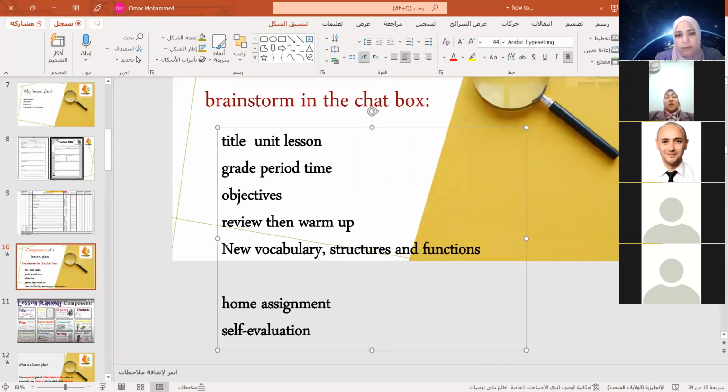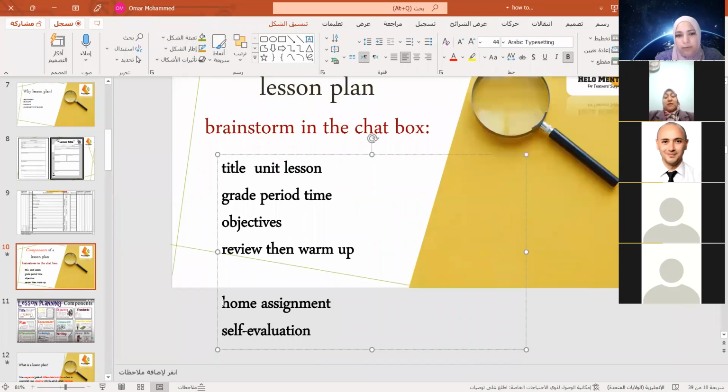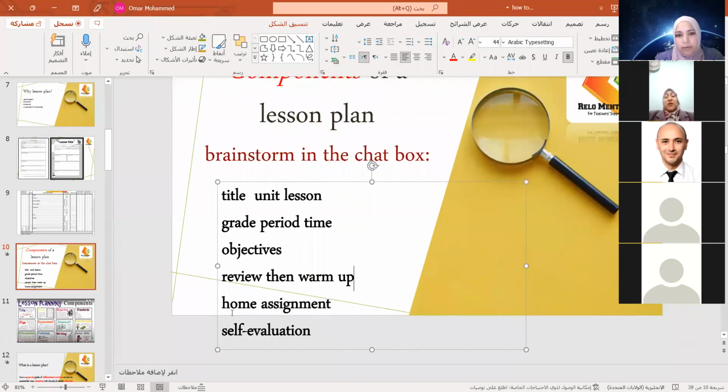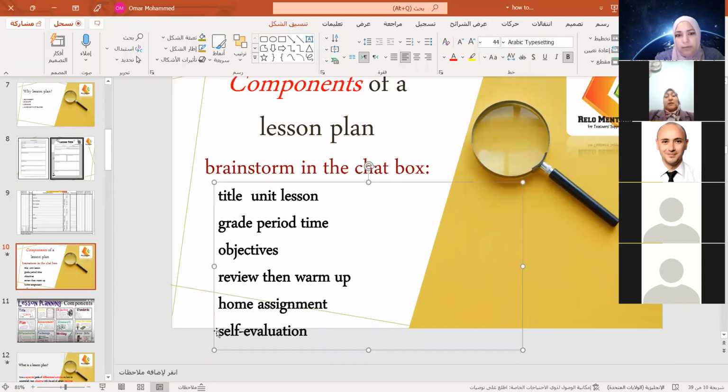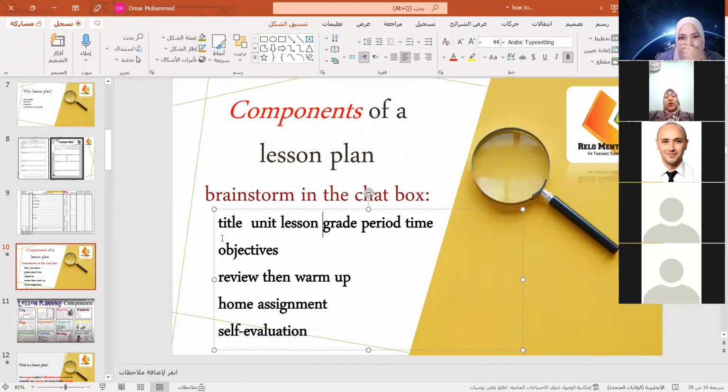You summed up most of them. Guided and independent practice. Thank you, Ms. Rania. Dalia is saying the objectives, warming up strategies, material, new vocabulary, structure, and home assignment and self-evaluation.